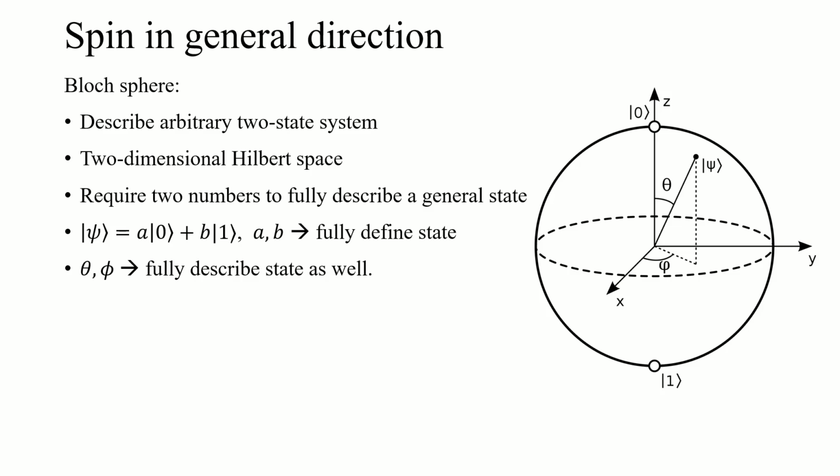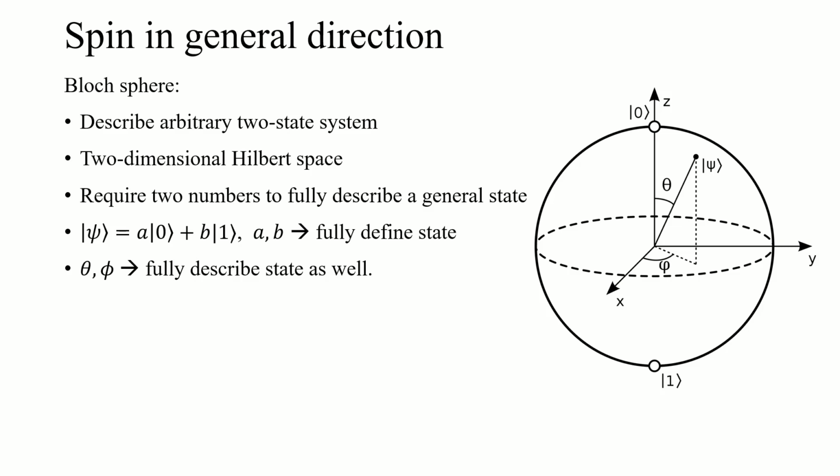And what that means is you can represent any pure state in that Hilbert space as a point on that sphere described by those two angles. And why that's useful is you can perform operations and look at the evolution of that system as basically rotations and motion around that Bloch sphere.